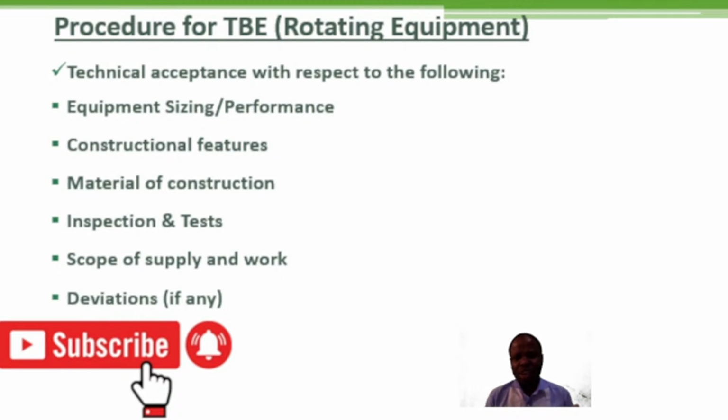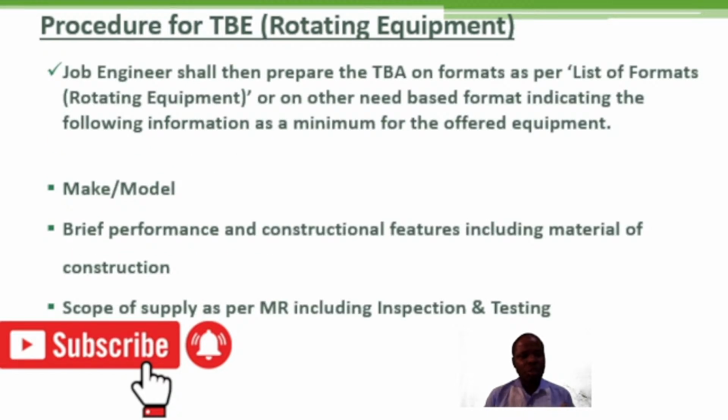If there are any deviations from the vendor, you are also going to look at them. So as a job engineer, your role will now be to prepare what is called a technical bid analysis sheet, on formats as per list of formats, or on other need-based format indicating the following information as a minimum for the offered equipment.